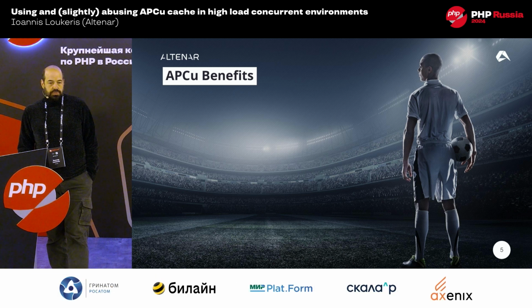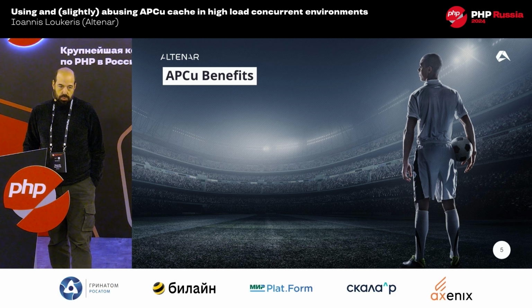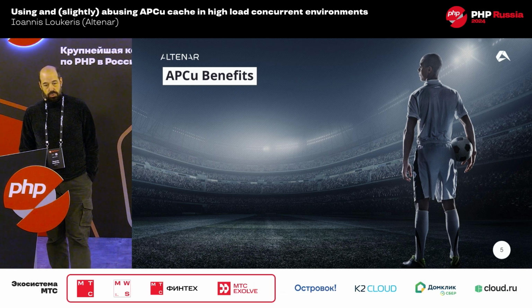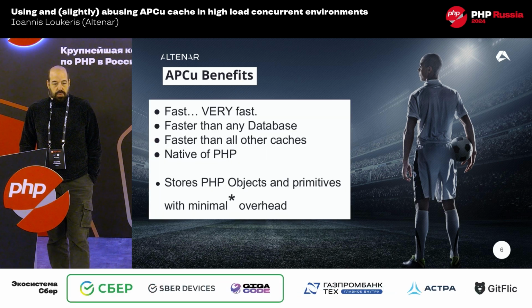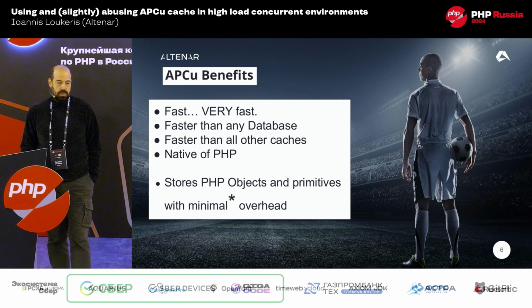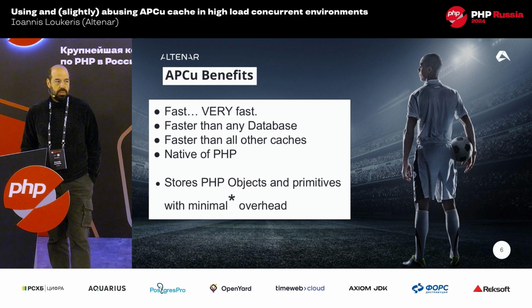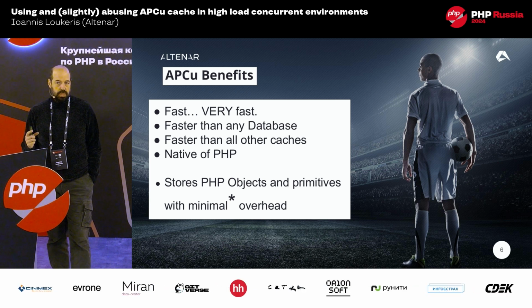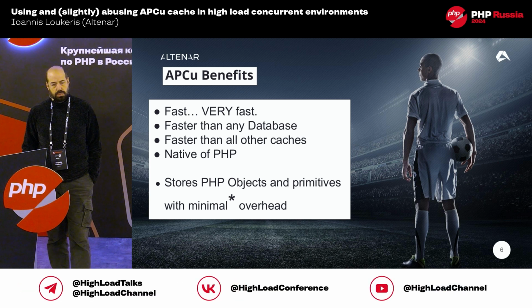This has a few important benefits that make APCu quite a good candidate to use for caching environments. First of all, it's fast. It's very fast. It's almost as fast as having the objects inside your PHP file declared.